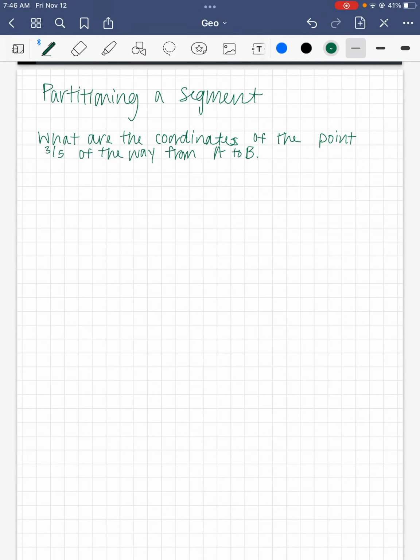Okay, so there's a lot going on here. What are the coordinates? It's asking us for coordinates of a point, and they want to know the point that's 3/5 of the way from A to B. So let me draw a picture here.